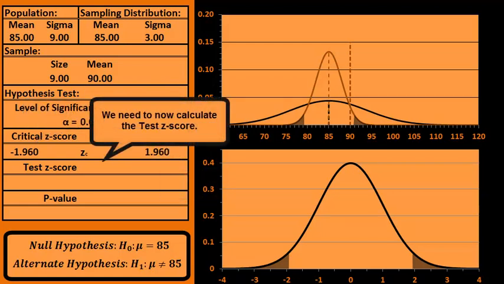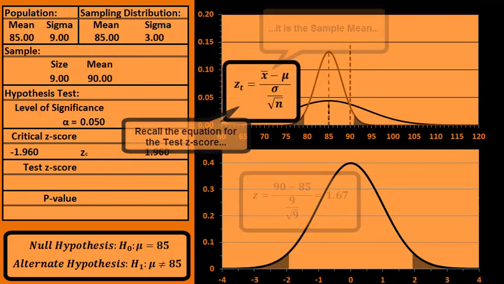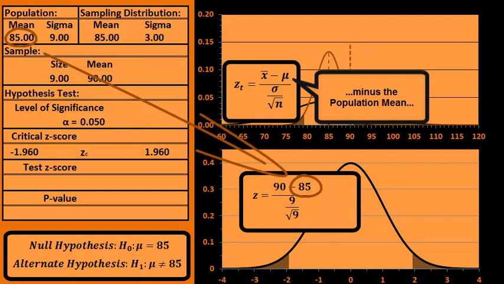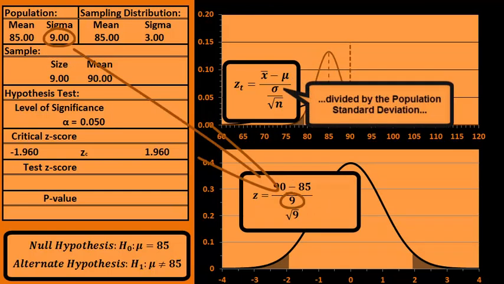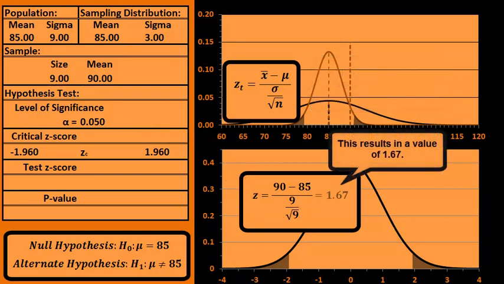We need to now calculate the test z-score. Recall the equation for the test z-score. It is the sample mean minus the population mean divided by the population standard deviation, which is divided by the square root of the sample size. This results in a value of 1.67.